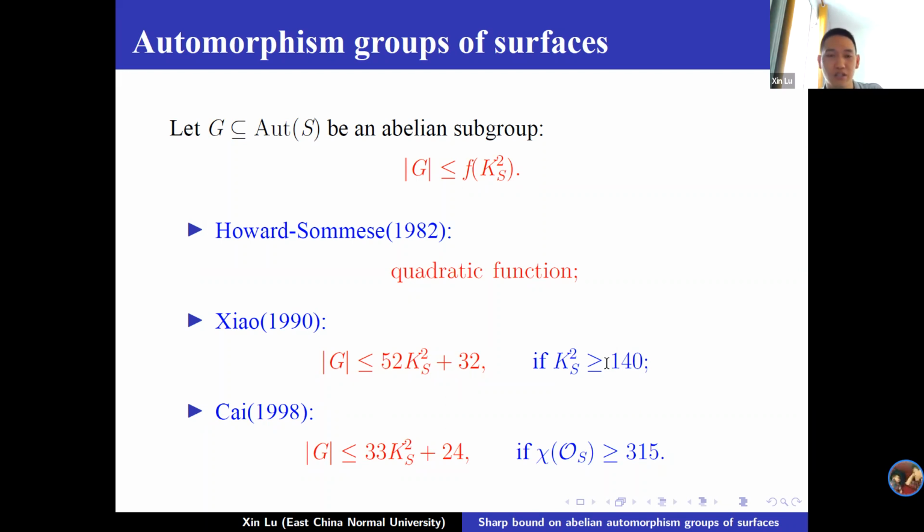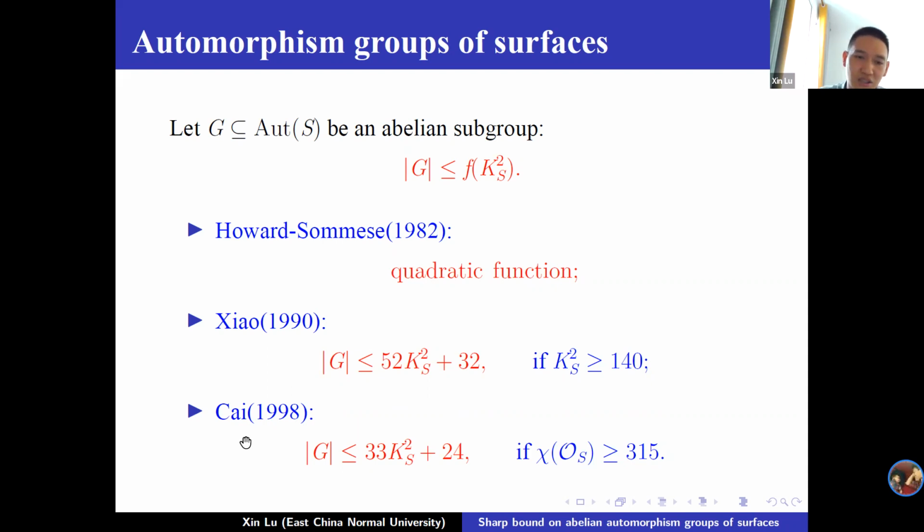As pointed out by Gang Xiao in his paper, this bound is far from being sharp. That is, he expected a better bound. After that there was some improvement of this upper bound.